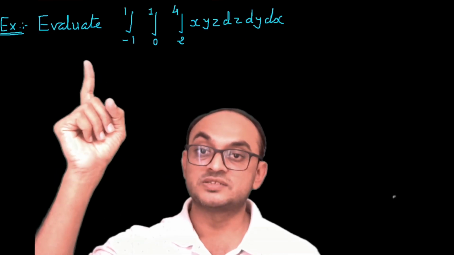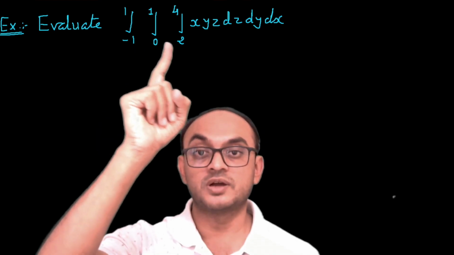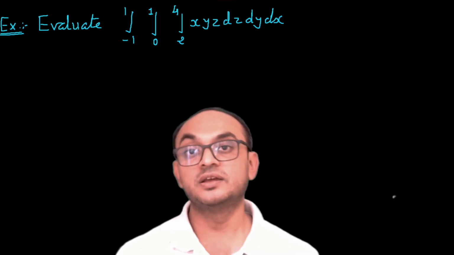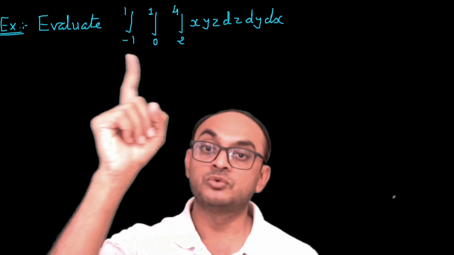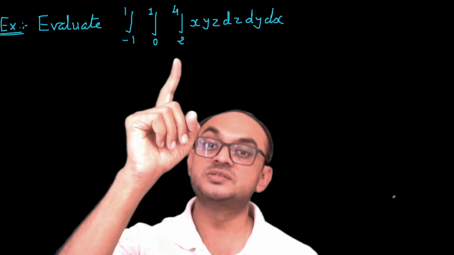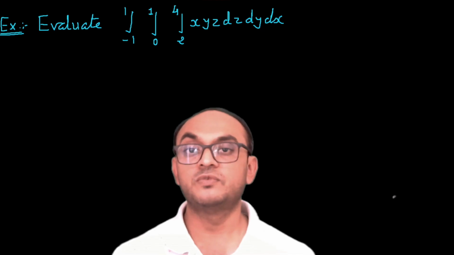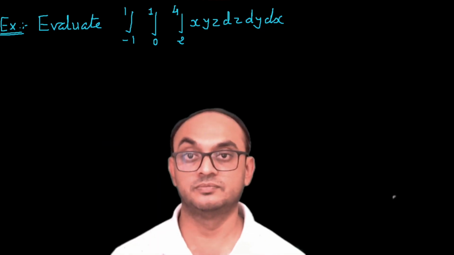Here our first exercise is to evaluate the integration over -1 to 1, 0 to 1, 2 to 4 of xyz dz dy dx. Now first we understand out of these three limits, which one is the limit of z, which one is the limit of y, and which one is the limit of x, and then we continue the integration.